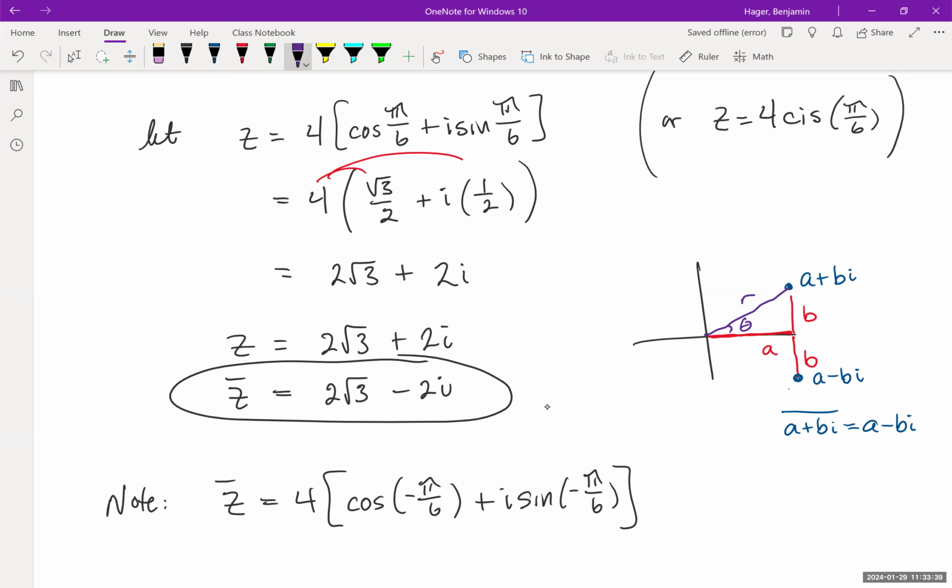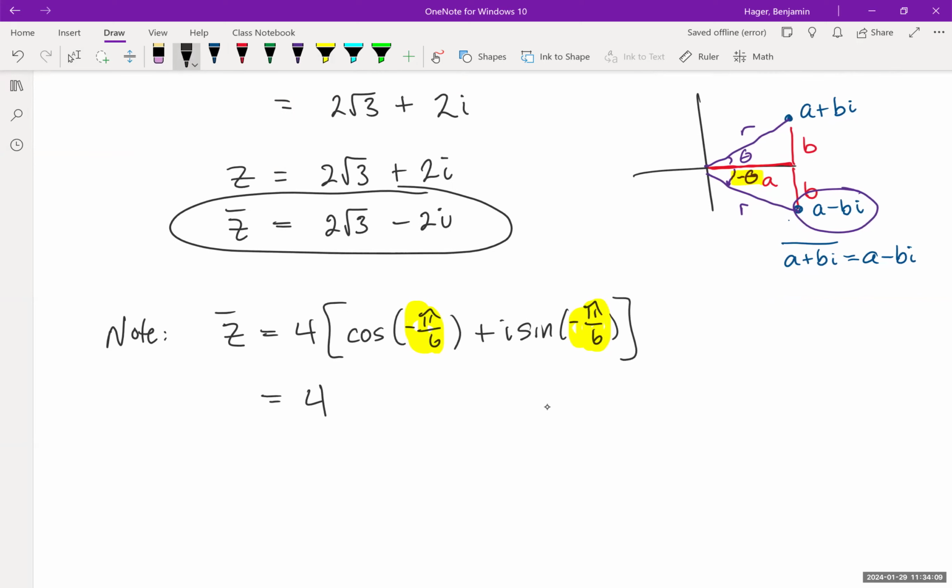If I want to get to the conjugate, this time I would have to rotate down some angle. And it's the same size angle, so this would be negative theta, negative because I'm going down, and it would still be the same distance r that I walk. So we could see that to get to the conjugate, what we did is we replaced our angle with its opposite. And so simply replacing those pi over 6s with negative pi over 6s gives us the conjugate from trig form.